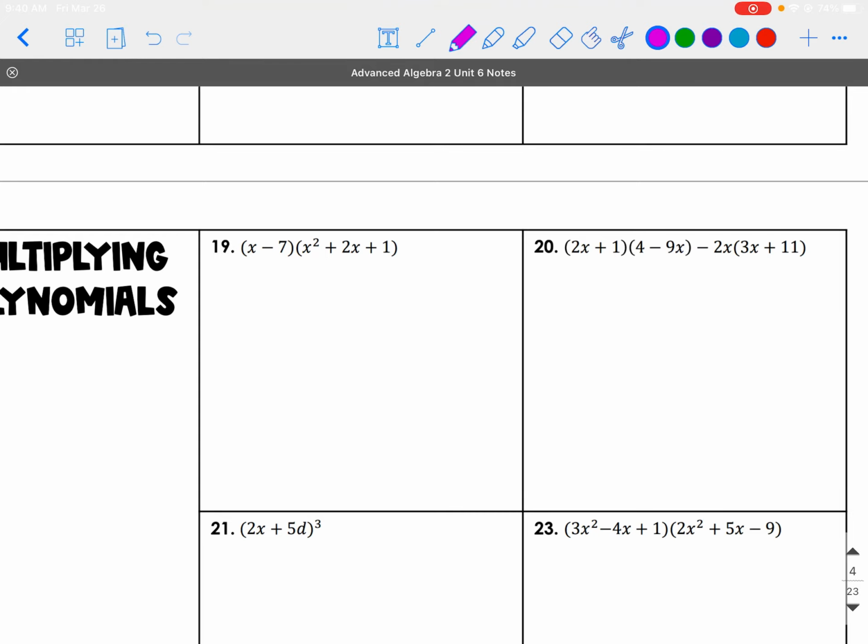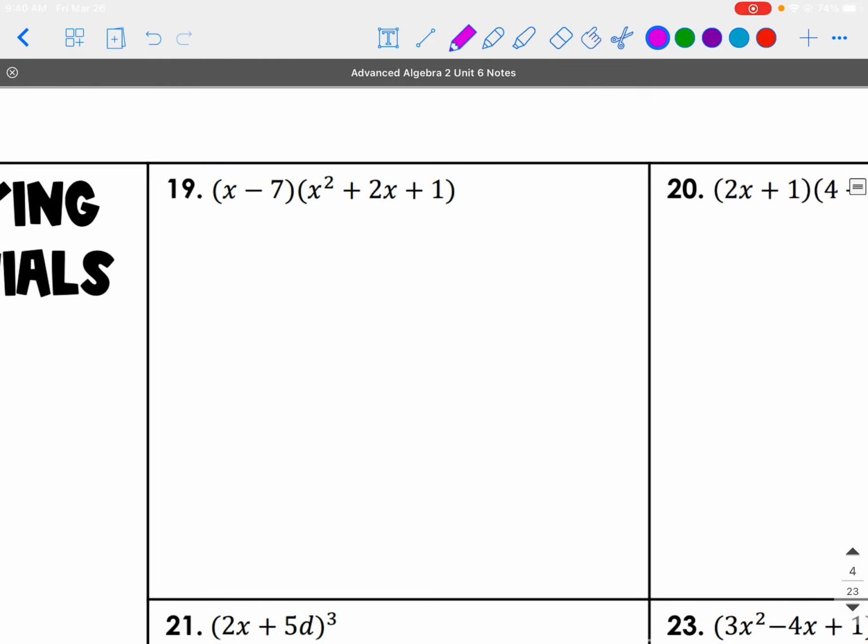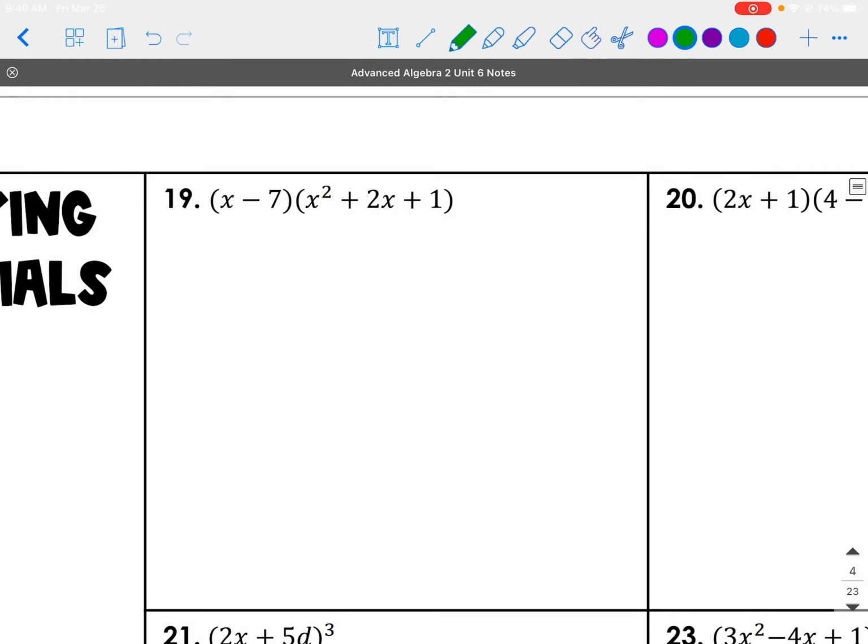Number 19, or this next section, is multiplying polynomials. Now, we've got a few different ways you can do this. If you don't have a lot of terms, then I would just double distribute, meaning we take the x and we multiply it by everything. So that would be x cubed plus 2x squared plus x.